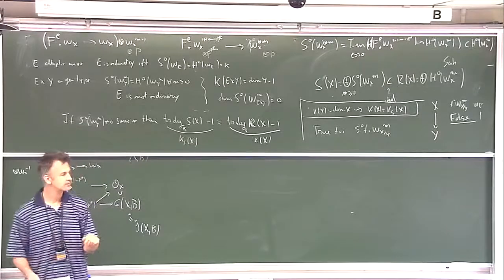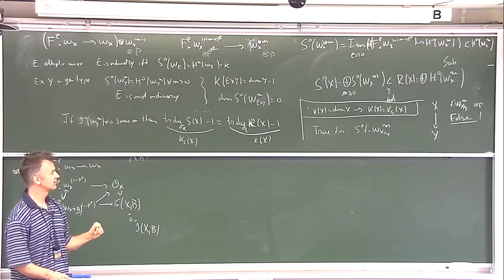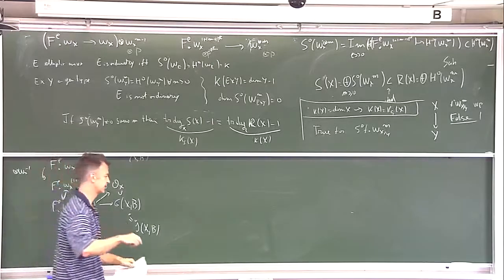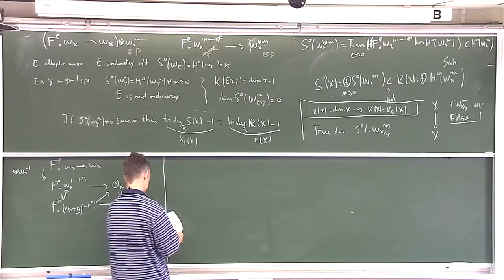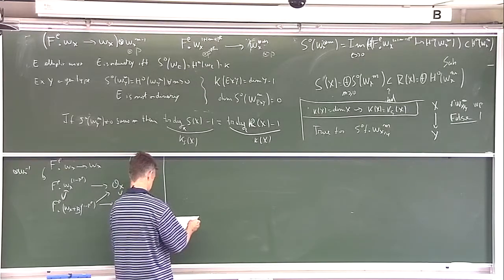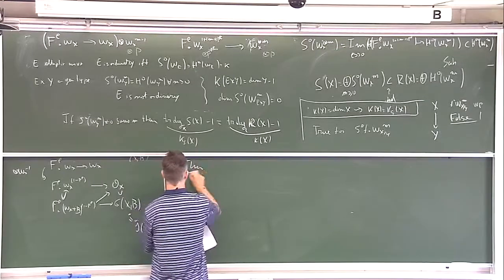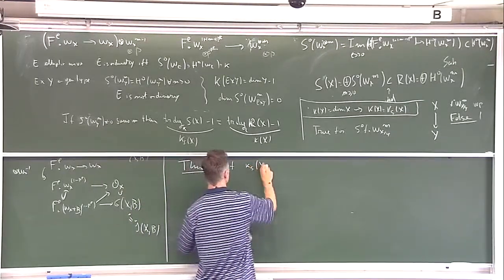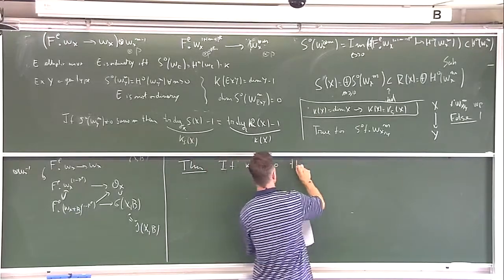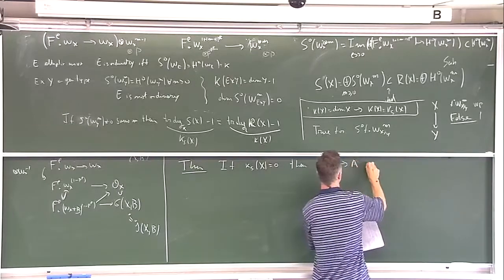Okay, I want to state one theorem which I won't prove, and I want to give you some idea about the linearity of these loci. Let me state the theorem. Theorem: if the stable quadratic dimension of X is 0, then the Albanese map is surjective.